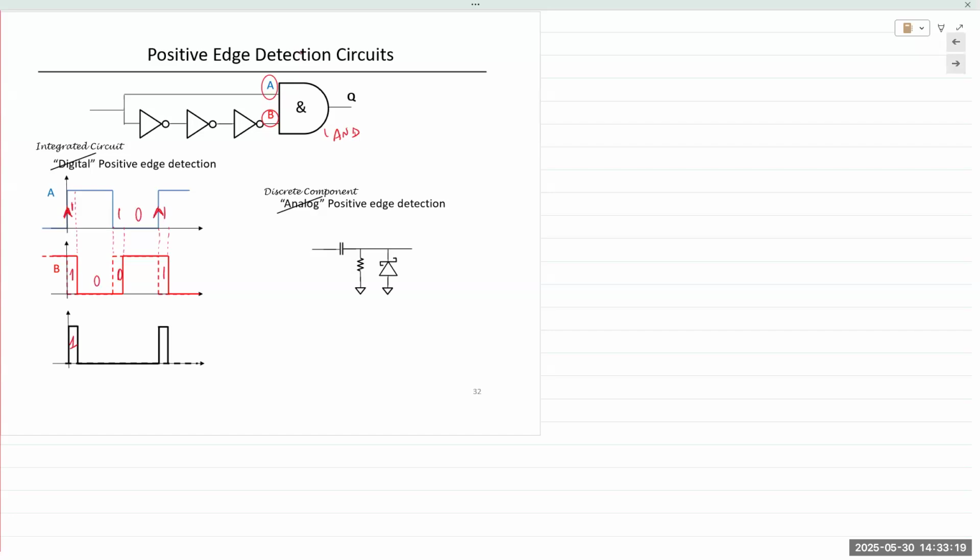So due to that delay, you've broken it up into 1, 2, 3, 4, 5, 6 different parts. And only the positive going edge transition is where the output goes high. Okay.